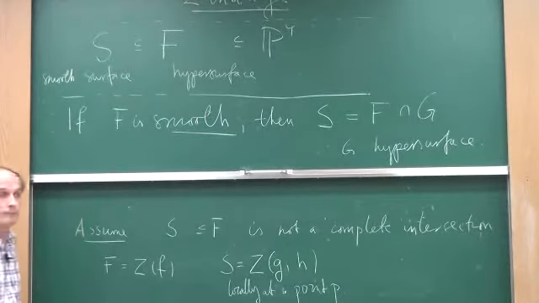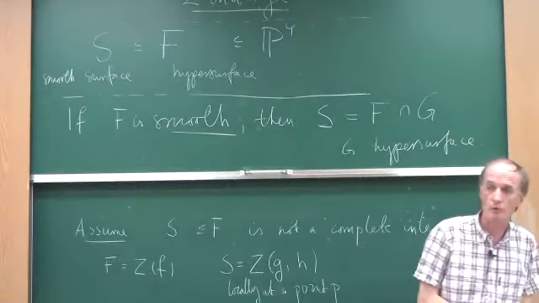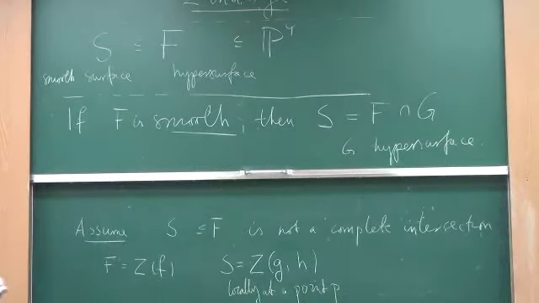We've seen these as the Veronese surface and the elliptic scroll. They are not arithmetically Cohen-Macaulay, so they are certainly not complete intersections. So whenever you have a hypersurface containing them, that hypersurface will be singular somewhere.